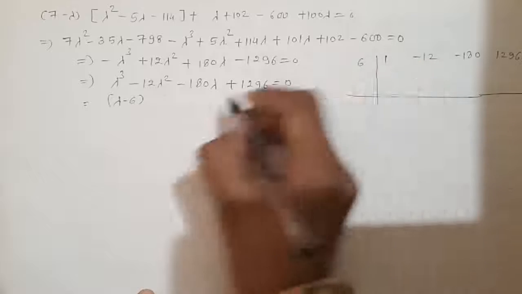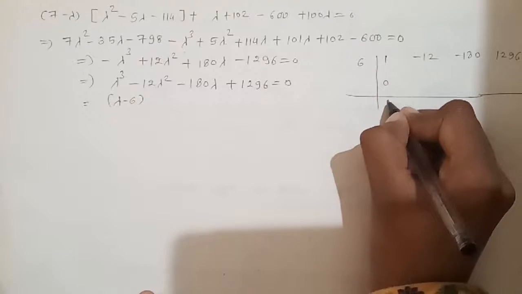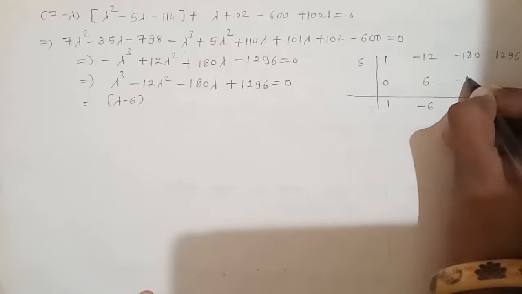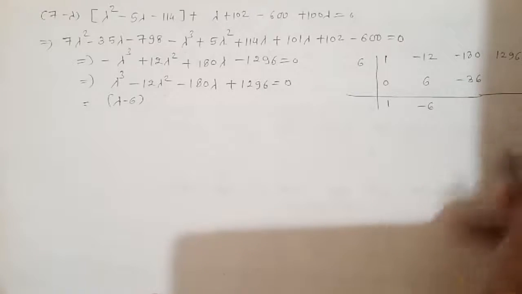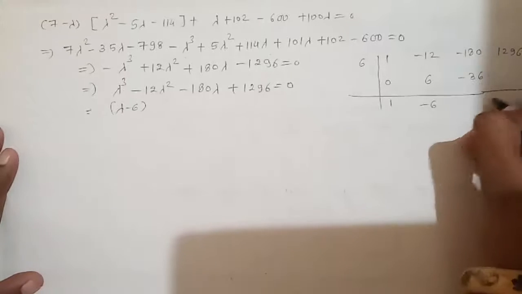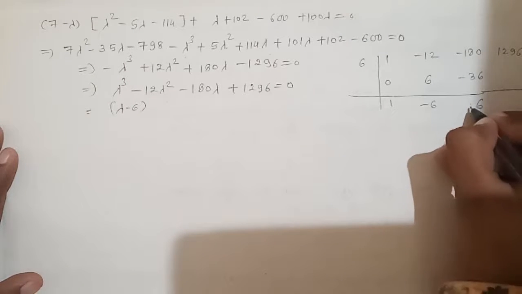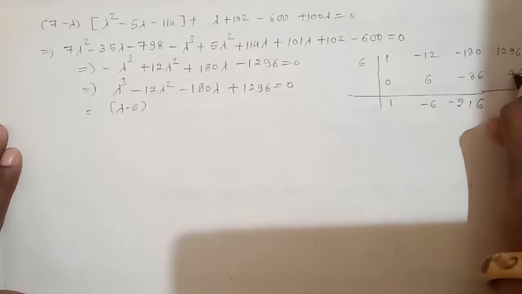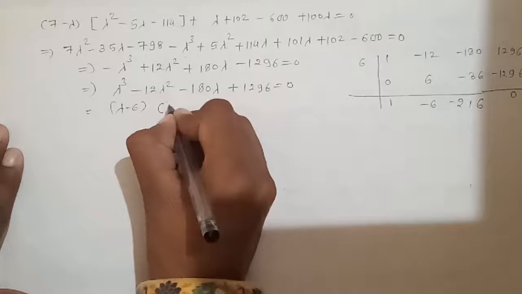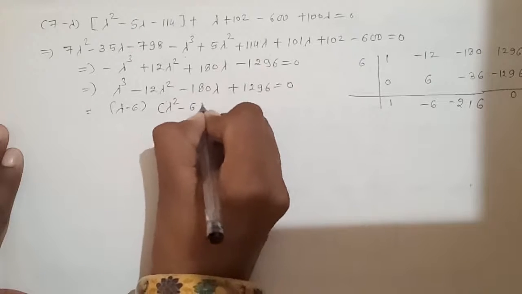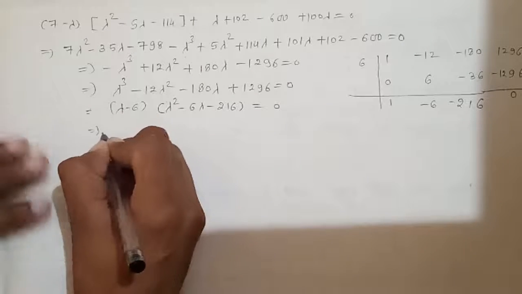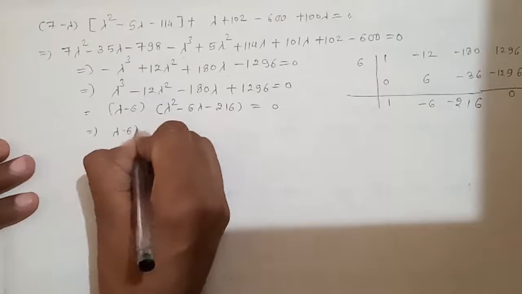Here 6, 0, 1, 6, minus 6, 6 6 are 36, so we get minus 216, and this becomes minus 1296, which is equal to 0. So here we are getting lambda square minus 6 lambda minus 216 is equal to 0. Again, lambda minus 6.